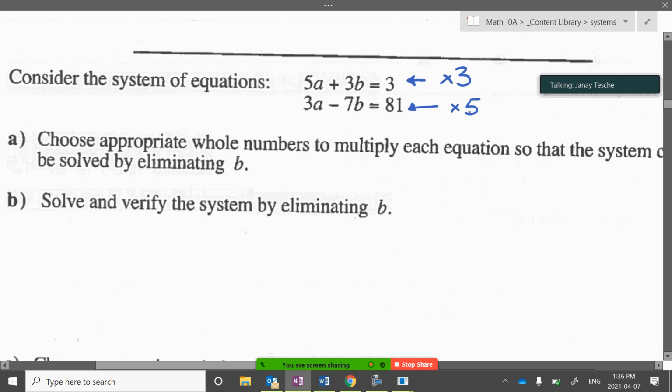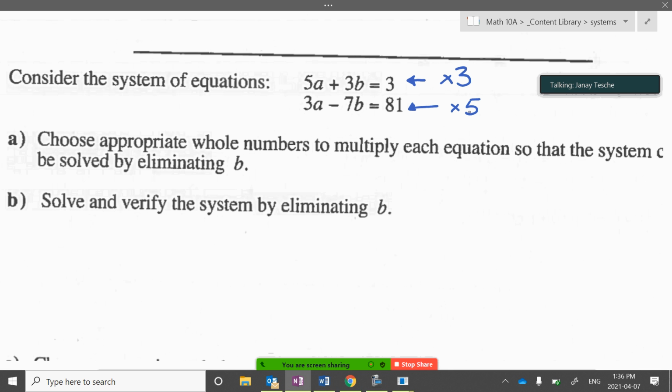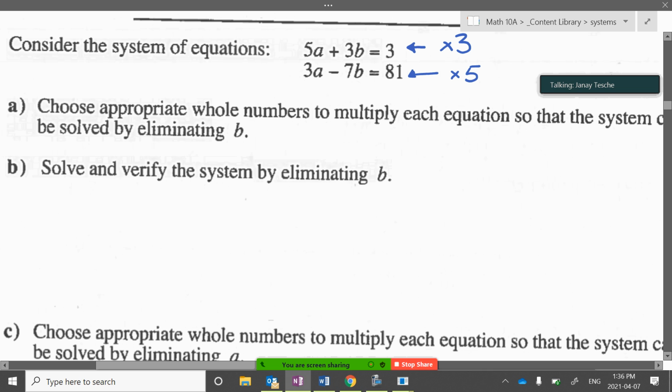Doing so gives me 15 a's in both of them. So then my new equations, I'm going to write out a little bit lower just so you can see it. So 5a is going to become 15a plus 9b equals 9. And then again, I'm going to get a 15a minus 35b is equal to 405.